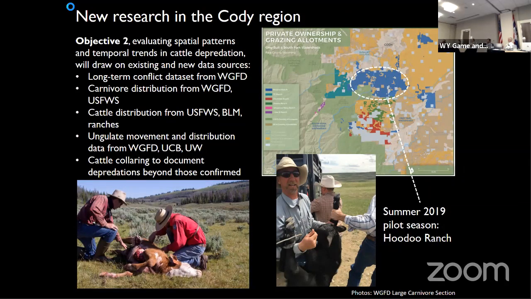We're still developing that, with a likely pilot season to test out the equipment and some of our options this summer before we expand the scope of that work in future years.